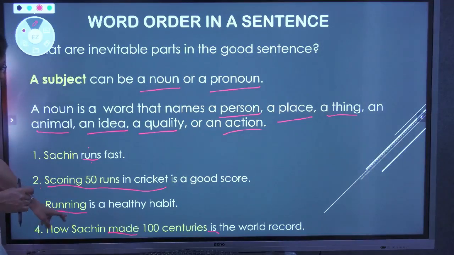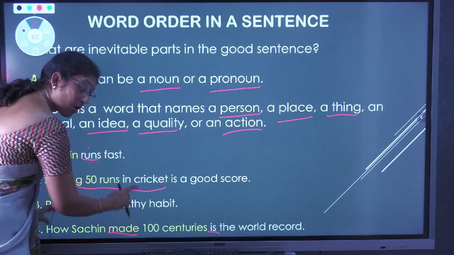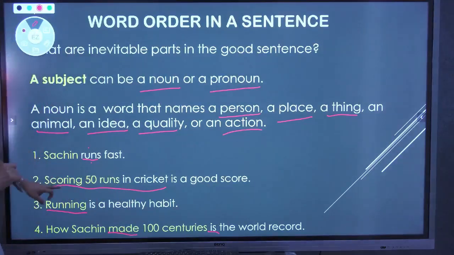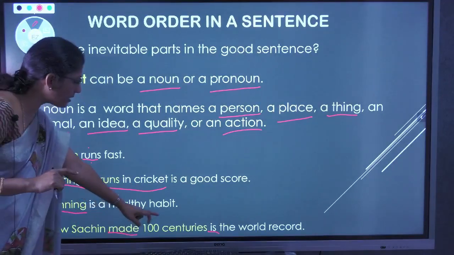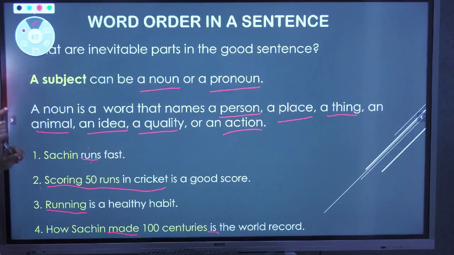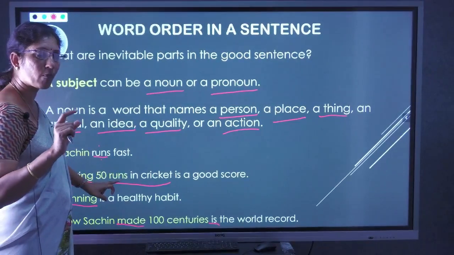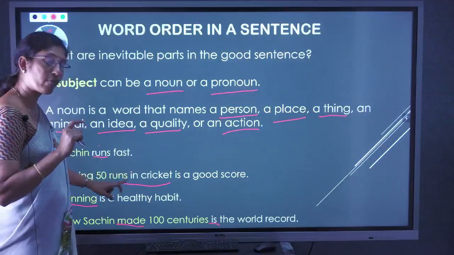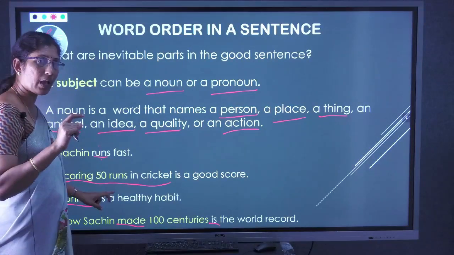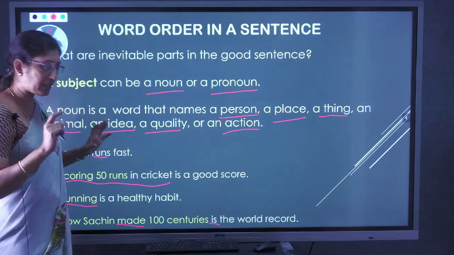And here, how Sachin made 100 centuries is the world record. Here, how Sachin made 100 centuries is called a clause, not a phrase. But scoring 50 runs in cricket is a phrase, while how Sachin made 100 centuries is a clause. What is the difference between a phrase and a clause? A phrase means a group of words which gives some meaning but not complete meaning. It may not have a verb. Sometimes it may have, but many times it may not have a verb, and it gives sense but not complete sense.